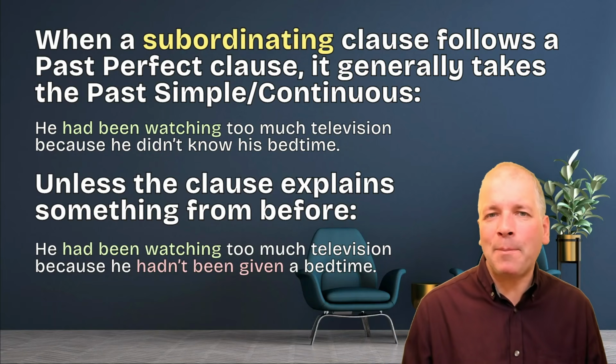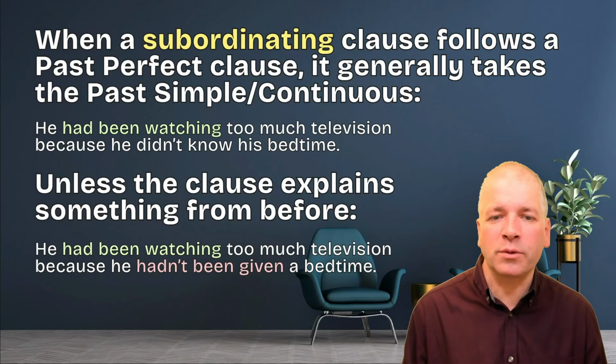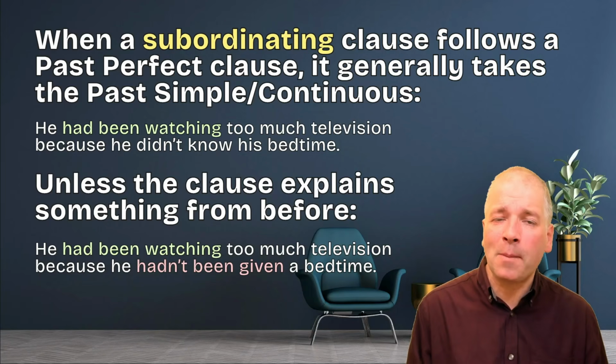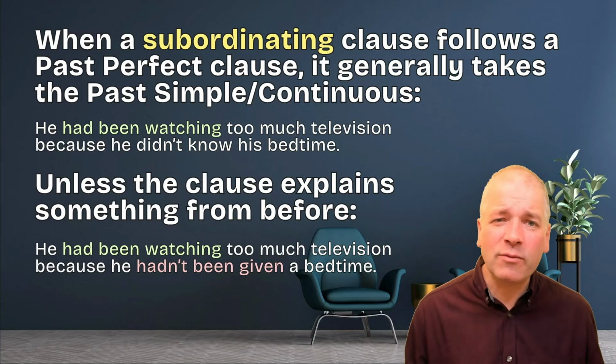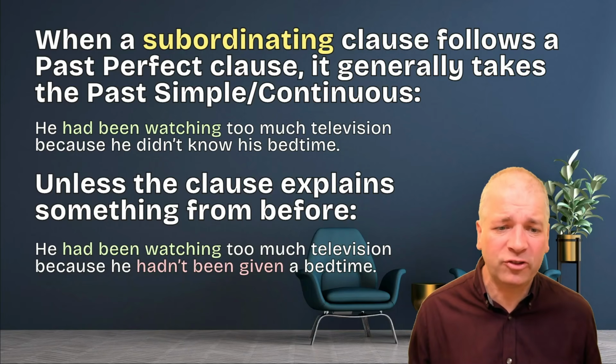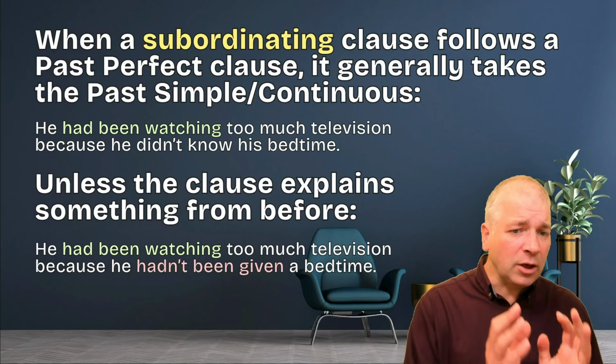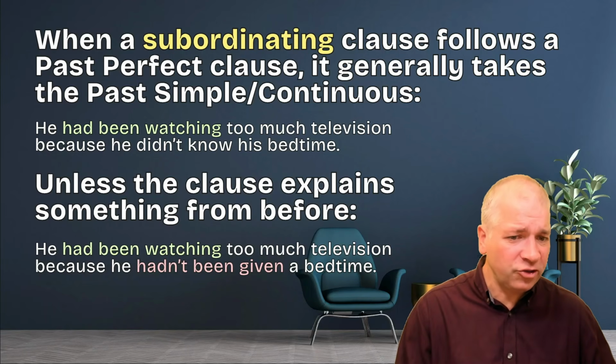Now let's look at what happens when you have a subordinating clause after a past perfect clause. When a subordinating clause follows a past perfect clause, it generally takes the past simple or continuous. So he had been watching too much television because he didn't know his bedtime. Because is the subordinating conjunction.